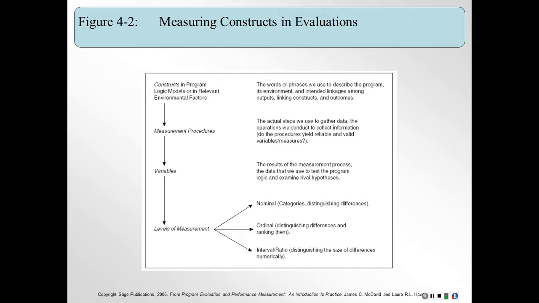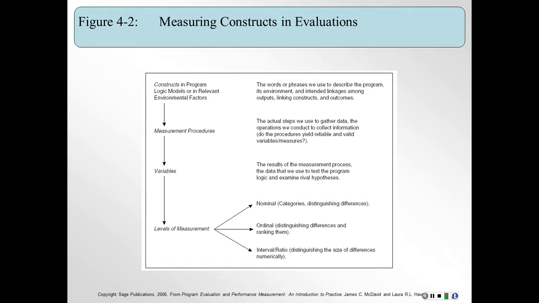The key is to design a measurement procedure, or a set of measurement procedures, that is both valid and reliable. At its simplest, measurement validity means that our resulting variable is a true measure of the underlying concept. As we discussed in the previous chapter, another word for validity is truth, or is it real? You would not, for example, use a tape measure to measure a person's weight. That would not be a valid measure.